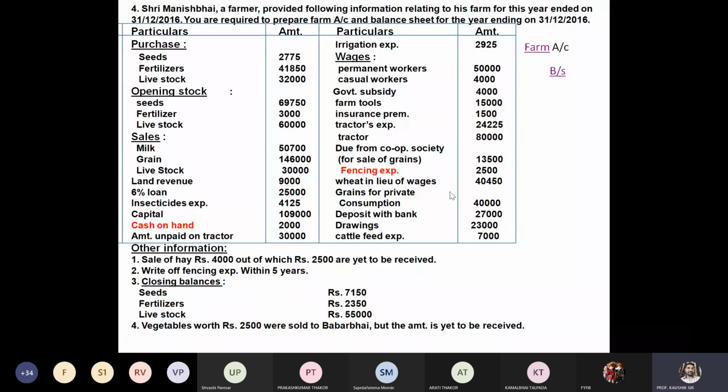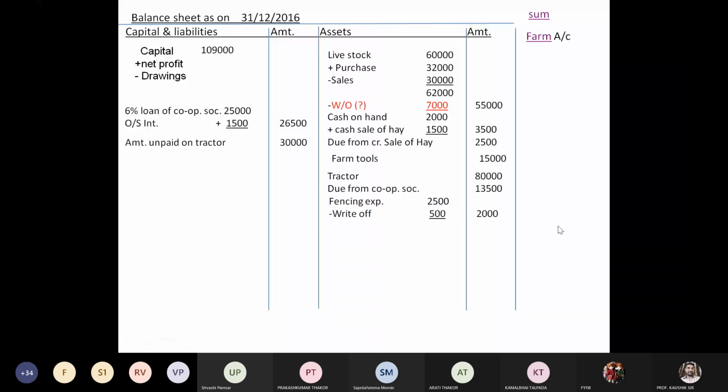So fencing expenses is an asset. As an asset, it will be shown in the balance sheet. 500 written off. 2,000 will be carried forward for the next year.